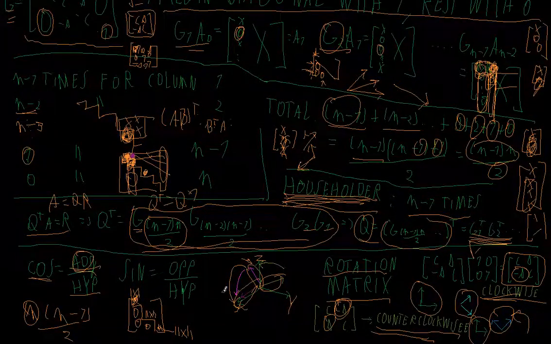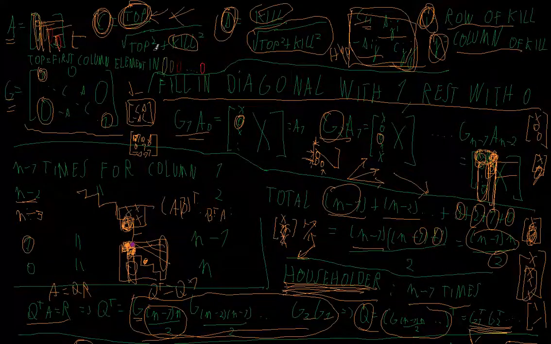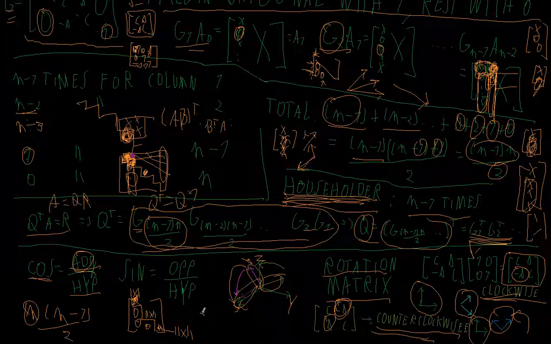Like if you are again in 3 dimensions, you can only visualize in 2 and 3 dimensions. That's why I use 3 dimensions and not more, because you cannot visualize in more dimensions. In 3 dimensions the adjacent is the top element, and the top element in 3 dimensions is the x-axis, and so the adjacent is simply the x-axis, and the opposite will be the first time the y-axis, and the second time, once y is 0, the z-axis.